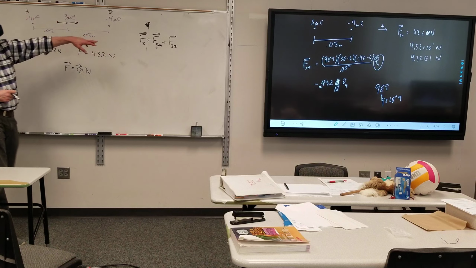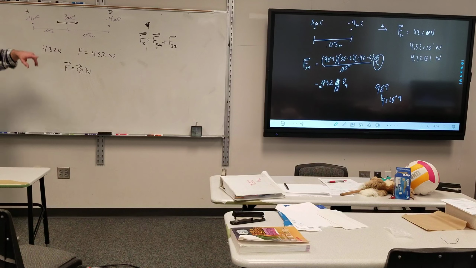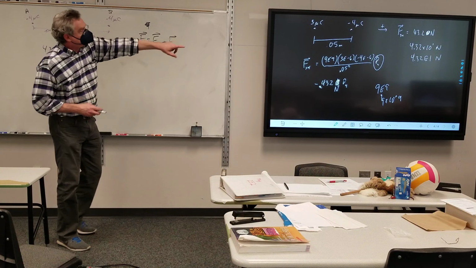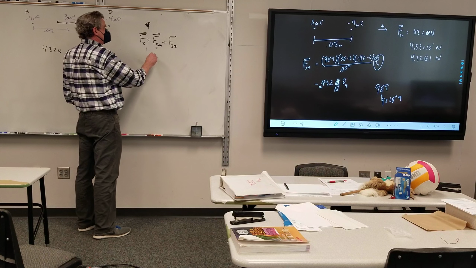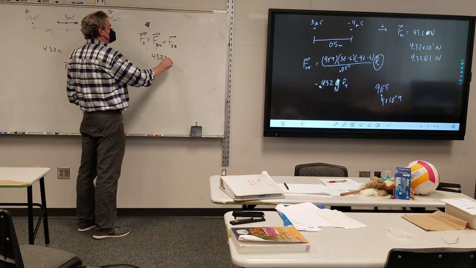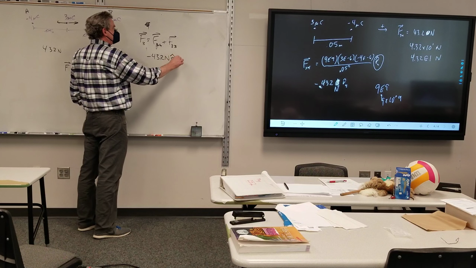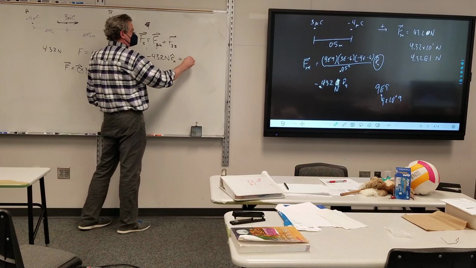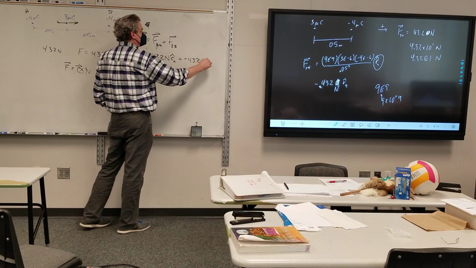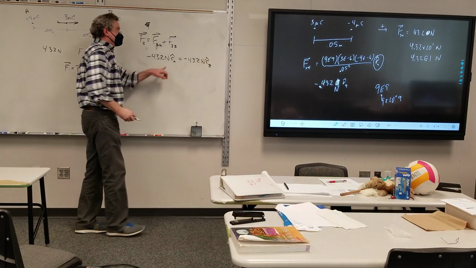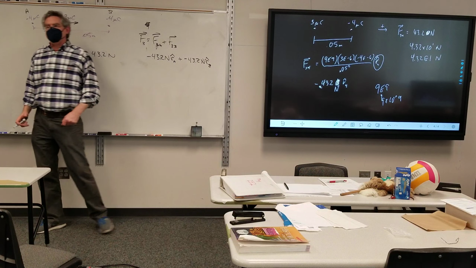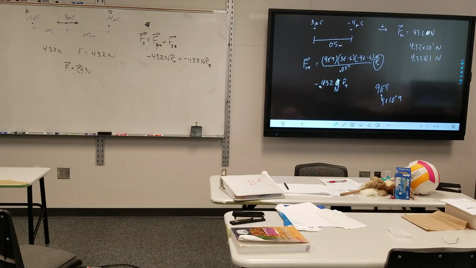All right, so the force on 3 is the force on 3 from A plus the force on 3 from B. If we plug into the formal equation, this would be 43.2 newtons, negative r A hat, plus negative 43.2 newtons r B hat. They do not have the same reference, so we need to somehow equate those.